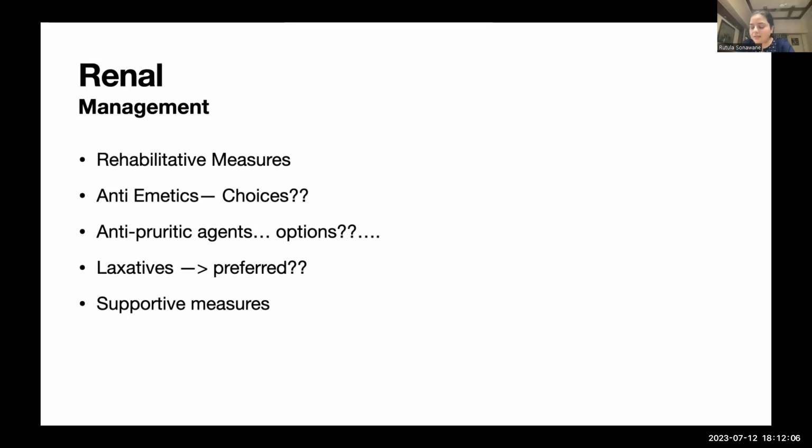Like if you see that the patient's overall functionality is decreasing and they are becoming dependent on dialysis, it is a good time to approach them about the nature of the disease, the nature of management that they're getting, and the kind of quality of life they're leading, right? As you see the disease progressing, it is a good time to approach them about the need for, I'm not saying that they should withdraw it immediately.